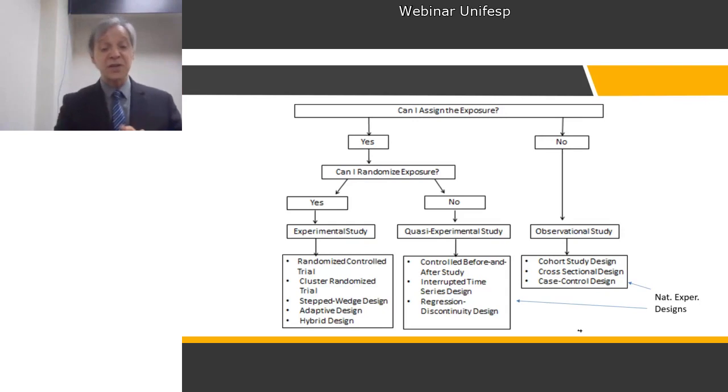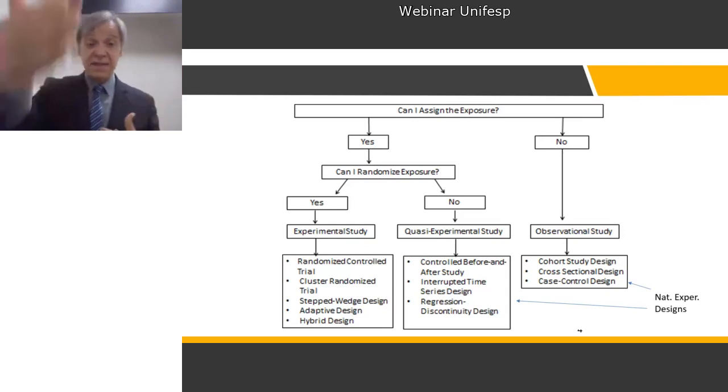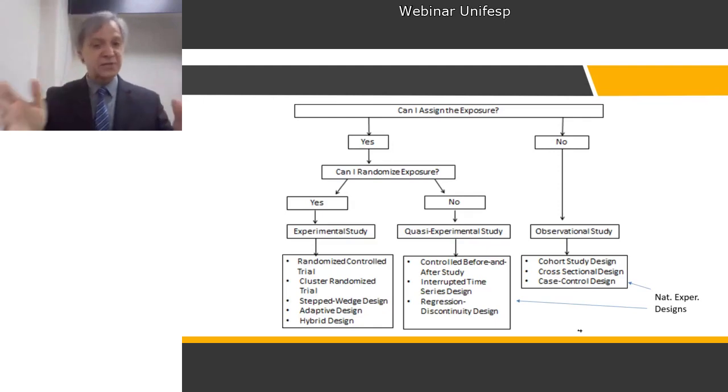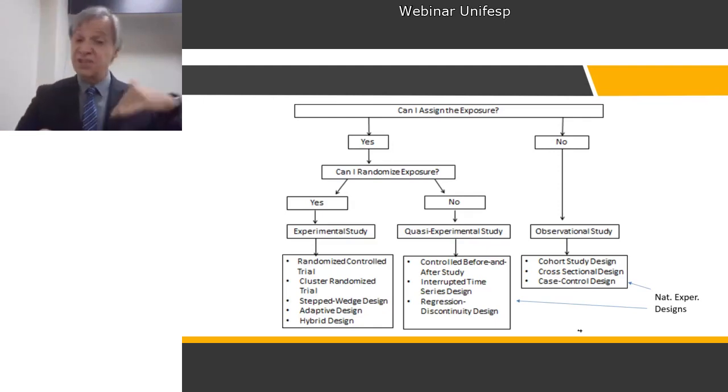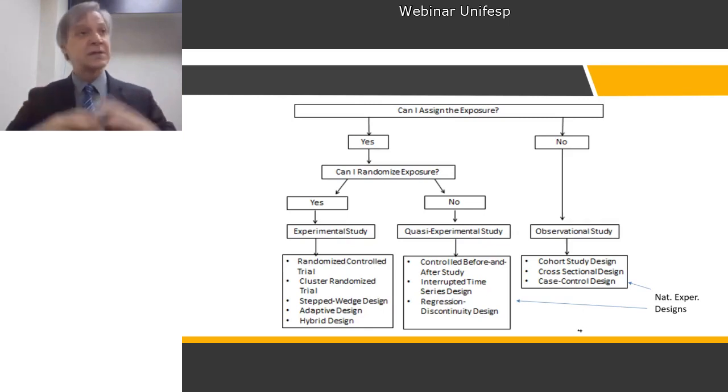Well, intervention trials, you ask the next question, can I randomize? Yes, I can assign exposure, that's an intervention trial. Can I randomize? Yes or no? If I can randomize people into intervention and no intervention, then I have the randomized trials, of which the clinical trial is the gold standard, the randomized clinical trial.